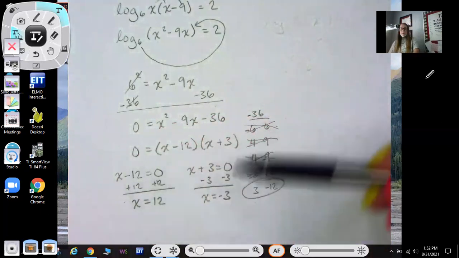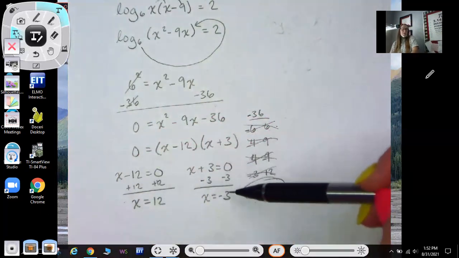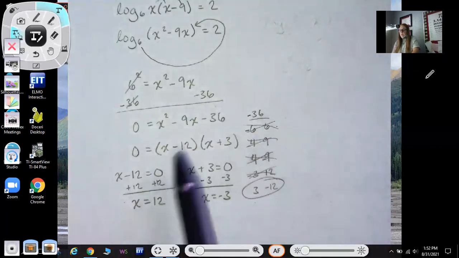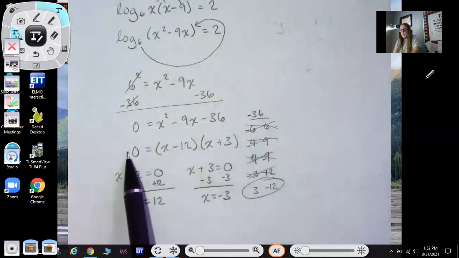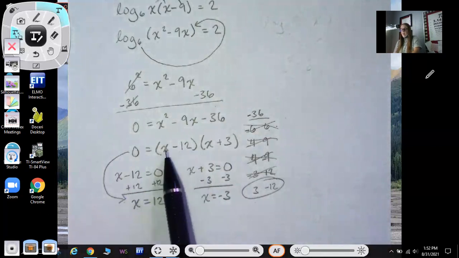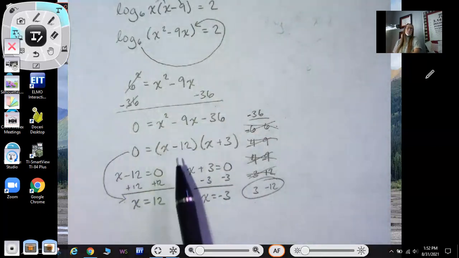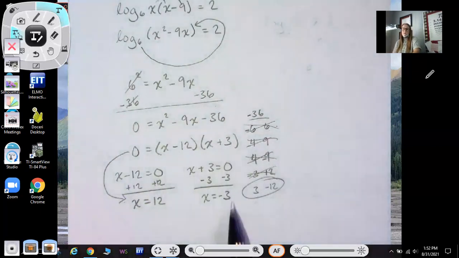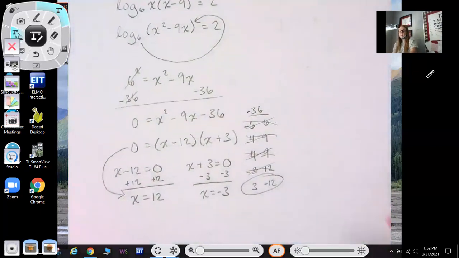So this is the step yesterday that I told you you could skip if you want to. Notice our answers are the same numbers in our parentheses, just opposite signs. So you could skip straight from here to this step if you wanted to. I have a factor of x minus 12, that means x equals positive 12. I have a factor of x plus 3, that means x equals negative 3. If you can remember that it's going to be the same numbers, just opposite signs, that's fine. I don't have to see this work in between.